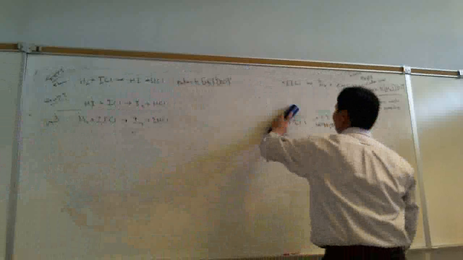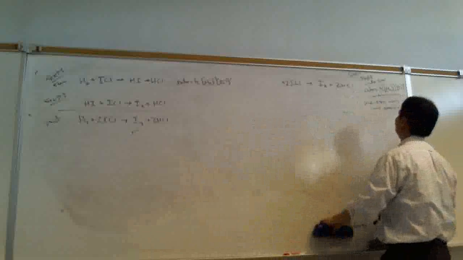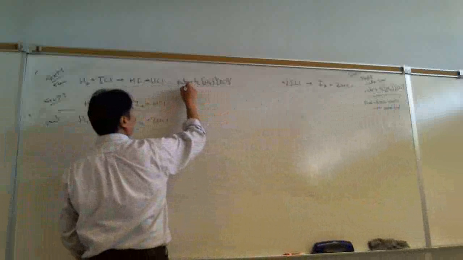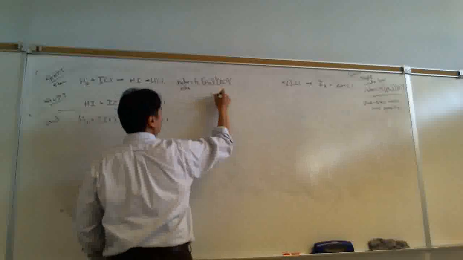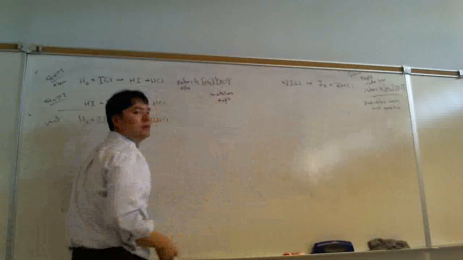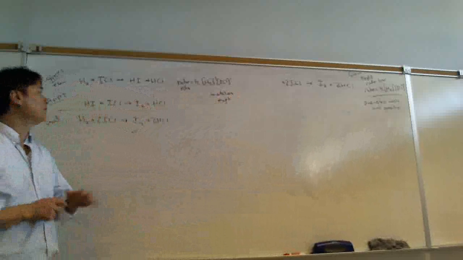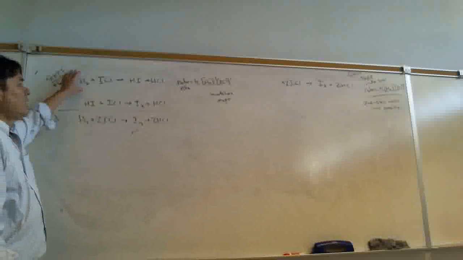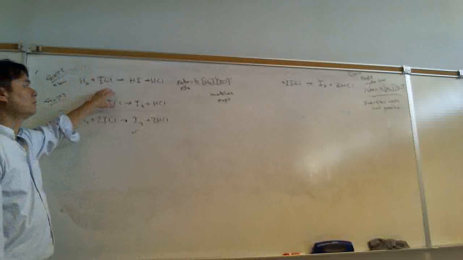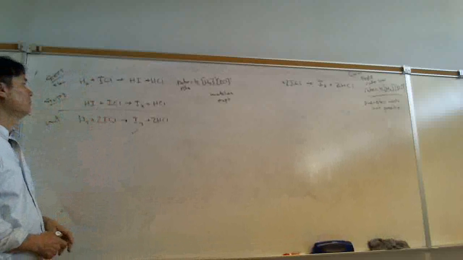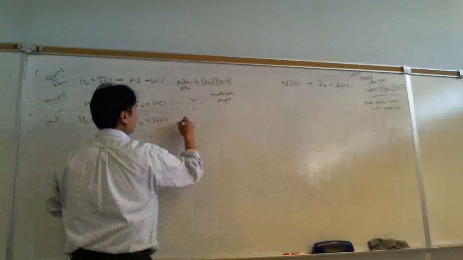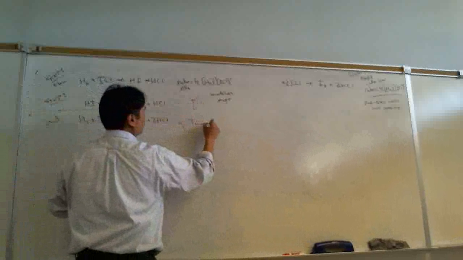Take a look, the rate for the RDS here matches experiment. And so I don't have to go any further, because if this is the slow step, then the reaction can't go any faster than its slowest step. This will be the rate of the overall reaction. And so it turns out that this mechanism is consistent with experiment.